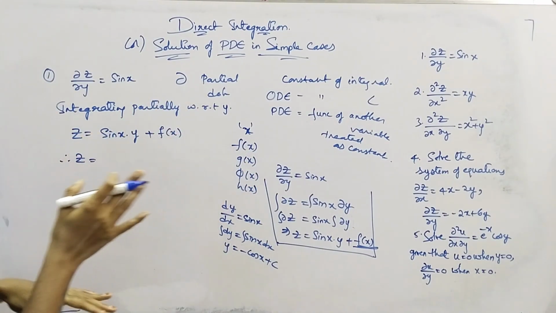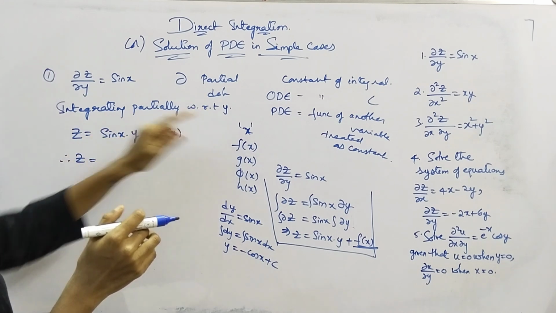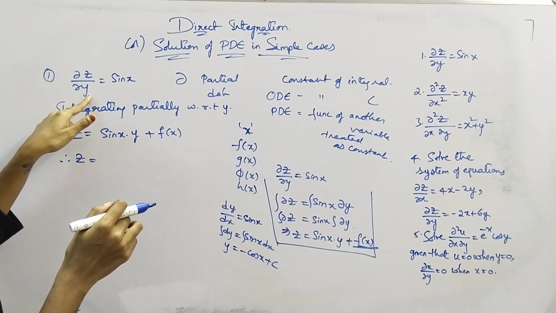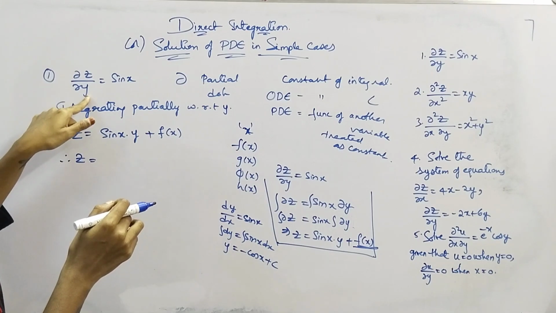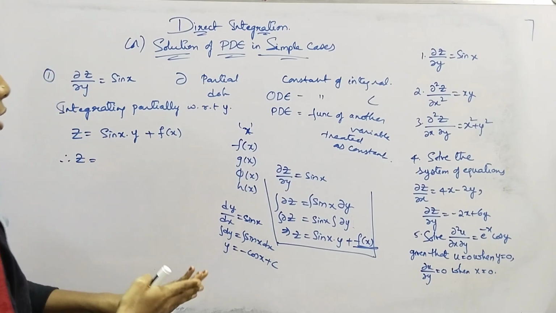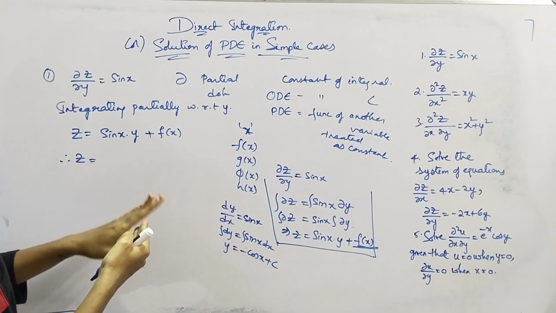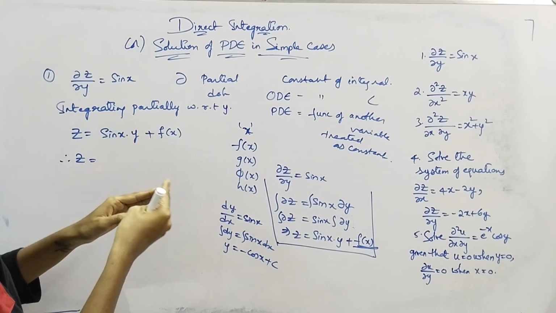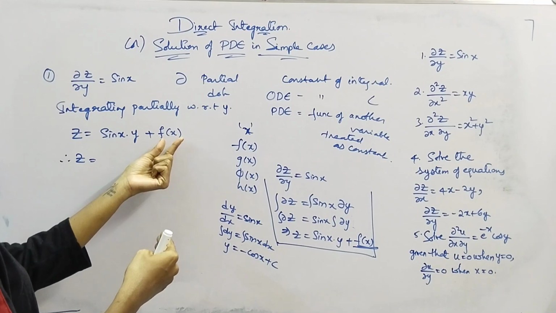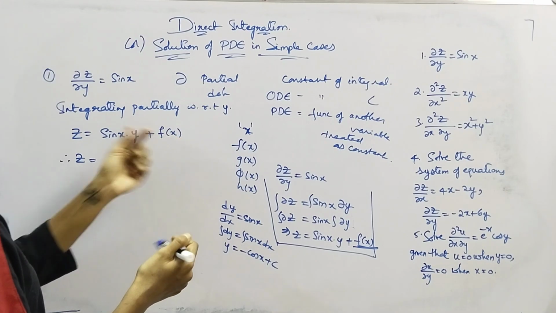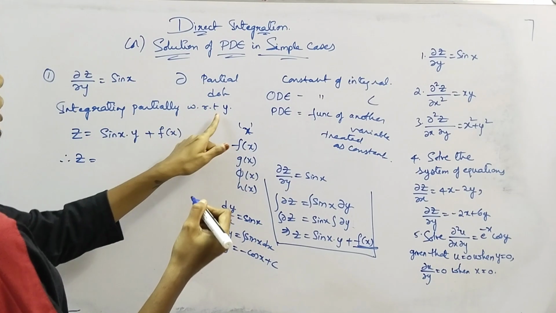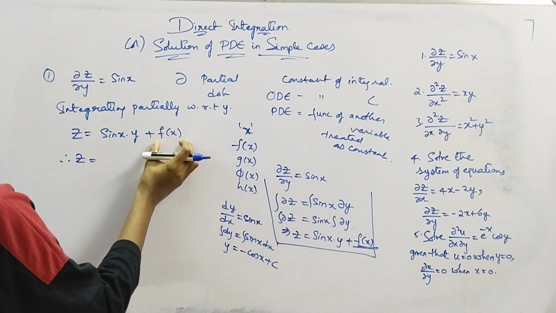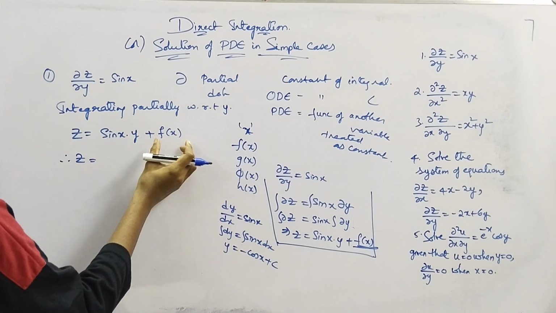You can do mental calculation, integrating partially with respect to y, since you have ∂y in the denominator, which is an independent variable. So we'll treat x as constant. While treating x as constant, and also doing partial integration, instead of writing a constant of integration we'll write f(x).